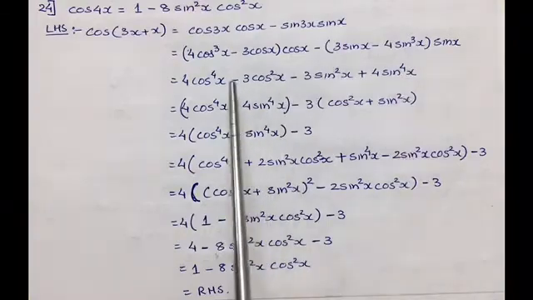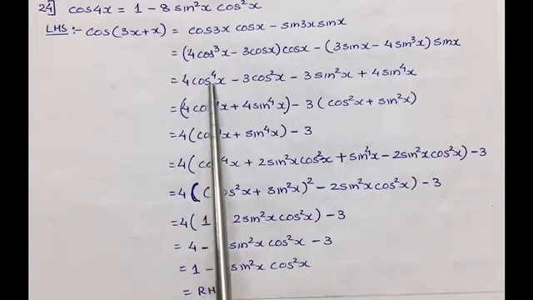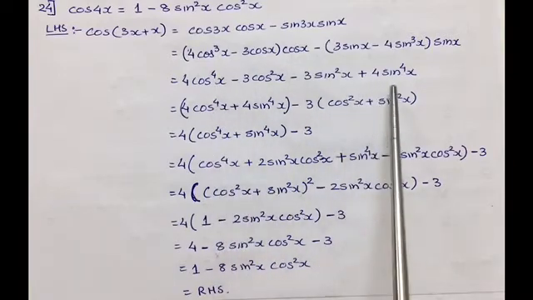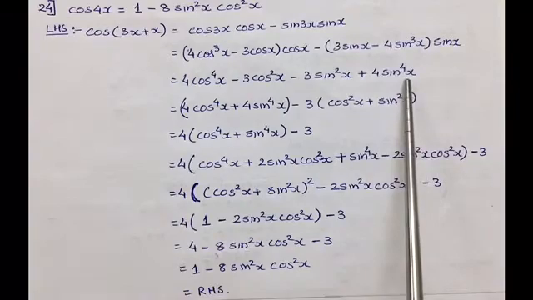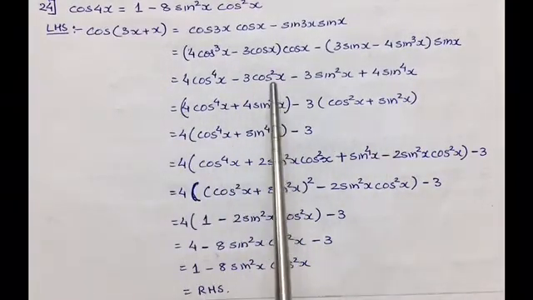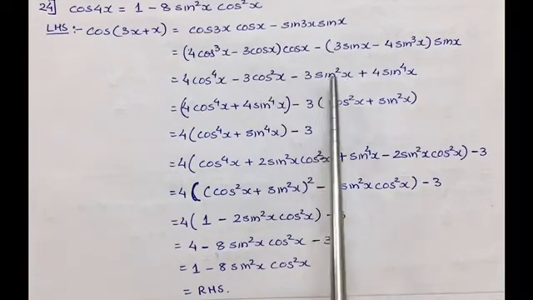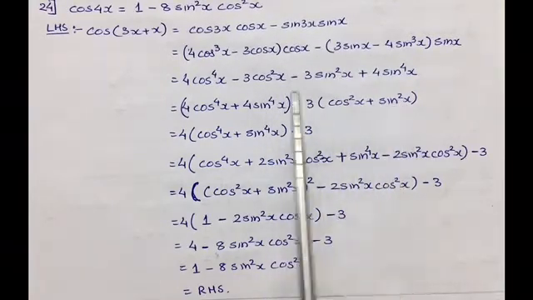Same degree means the power is the same. So 4 cos raised to 4x and 4 sine raised to 4x have the same power 4, so they are being combined. The remaining 2 have the same power, square, so they are being combined.